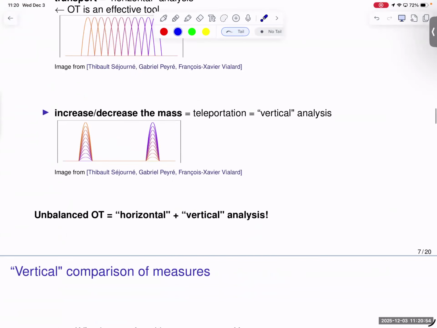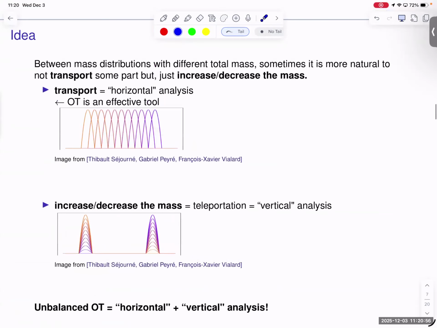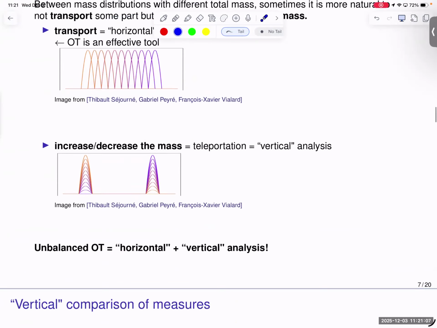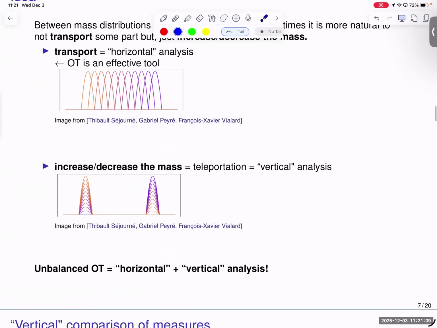Okay, we know optimal transport. We know this horizontal way of matching things, but what should this vertical way be? To understand that, we want to consider some kind of cost or some kind of measure comparing distributions in a vertical way.